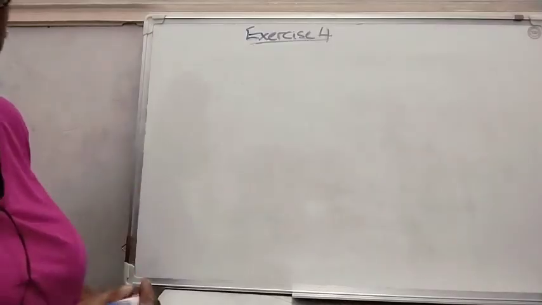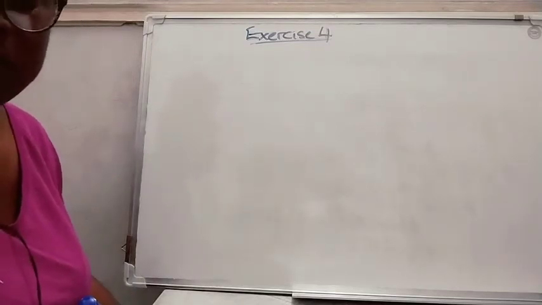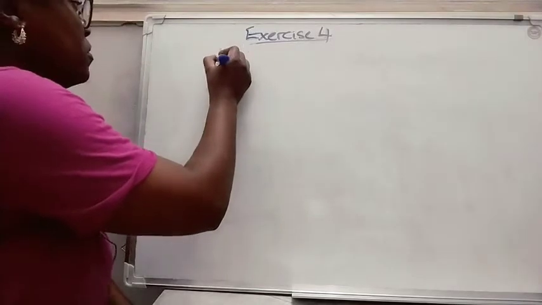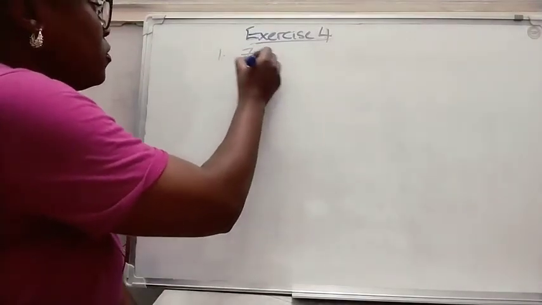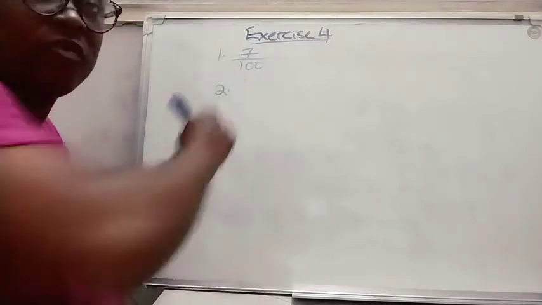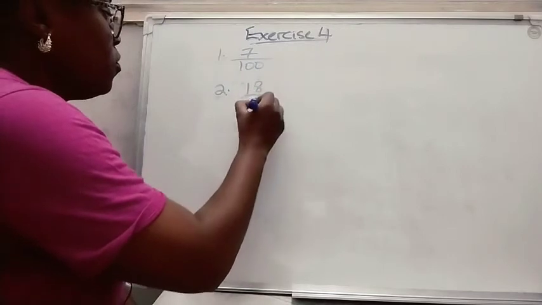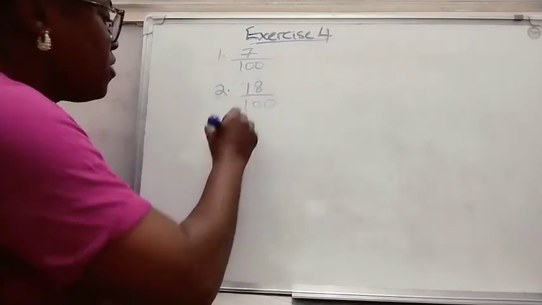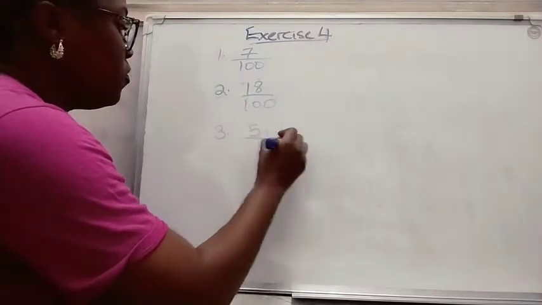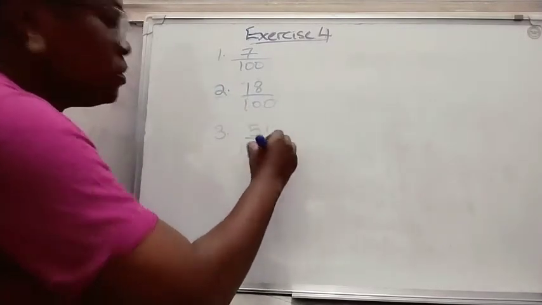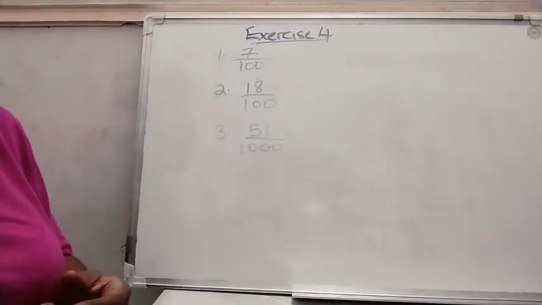So write down these fractions as decimals. The first one is 7 over 100. The second fraction is 18 over 100. The third fraction is 51 over 1000.